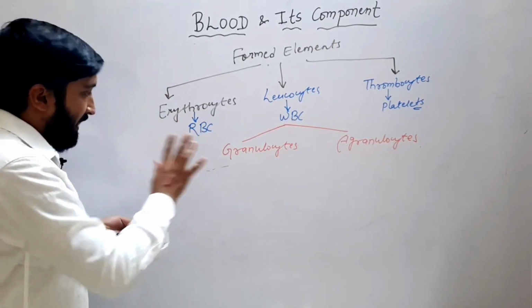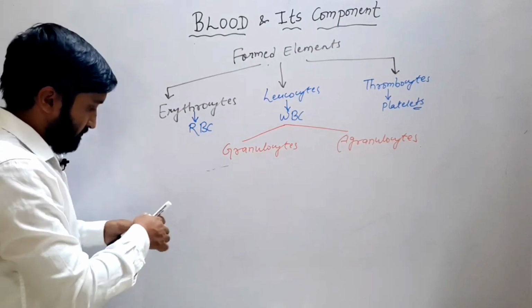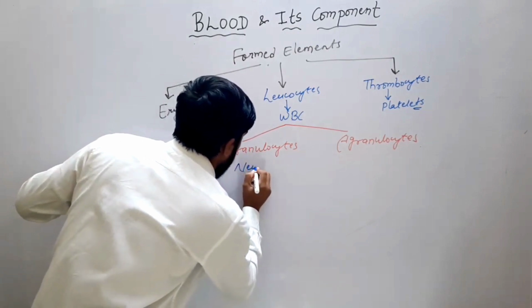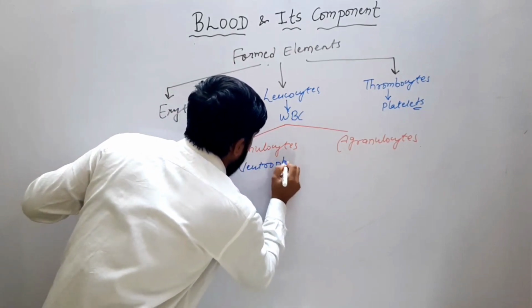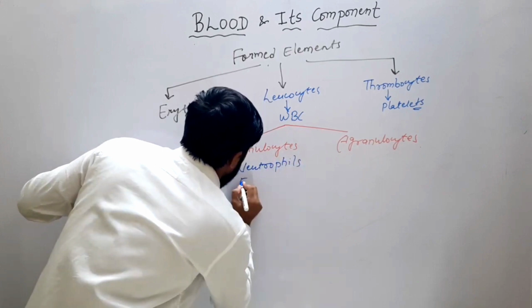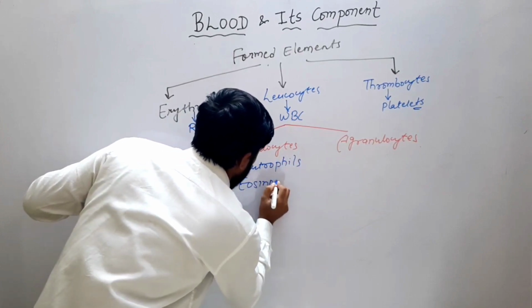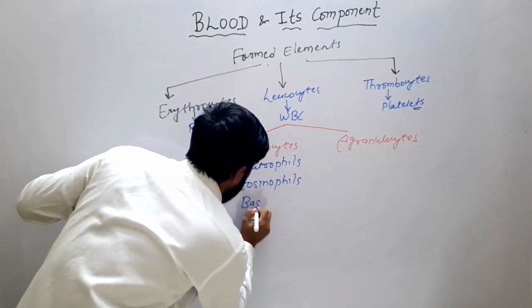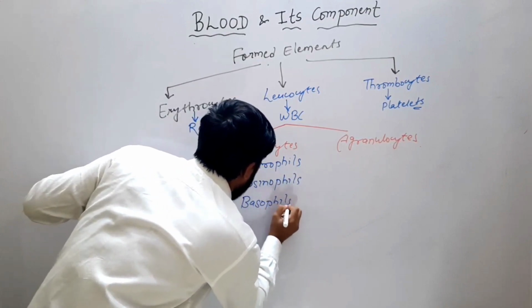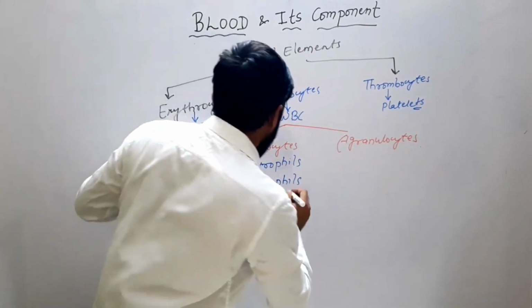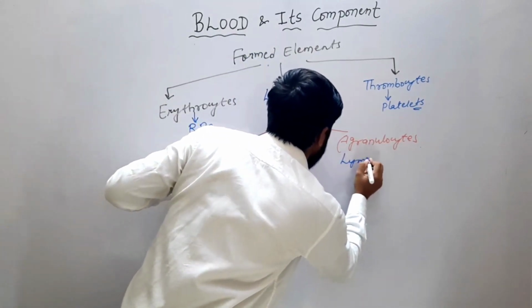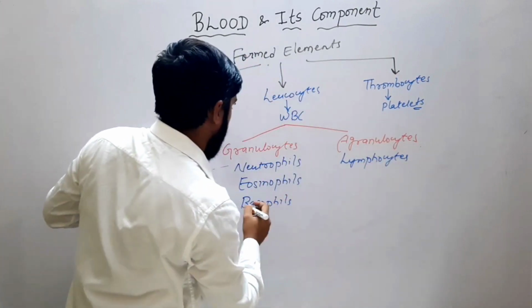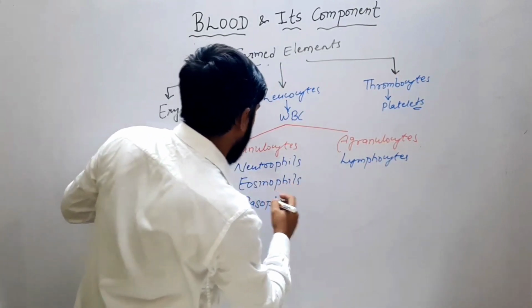Okay, now granulocytes are of three types. First is neutrophils, eosinophils and basophils, and agranulocytes are lymphocytes and monocytes.